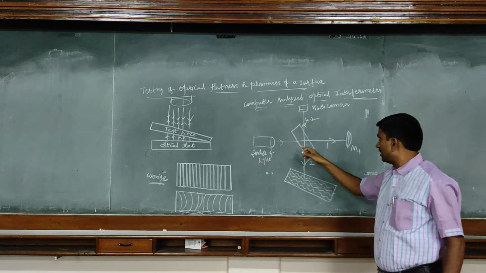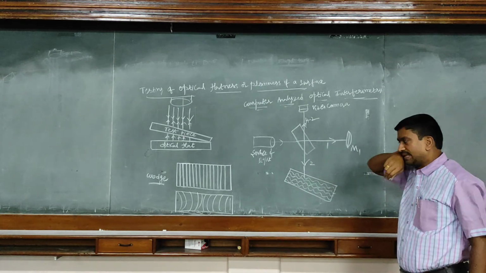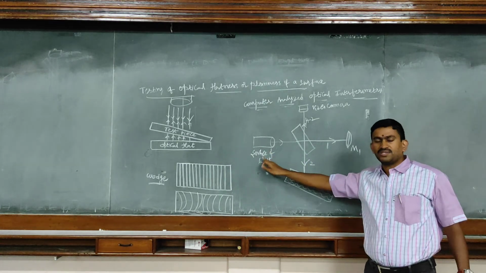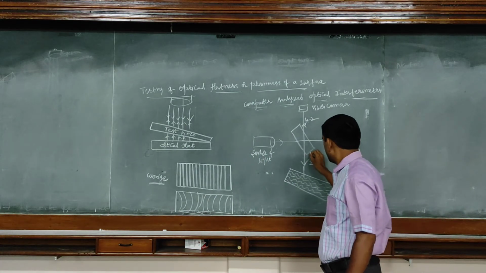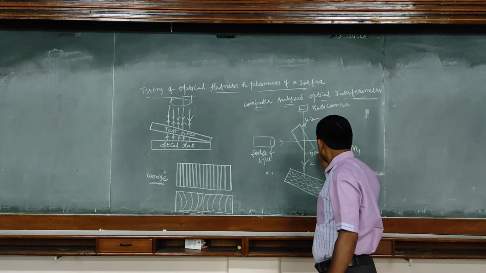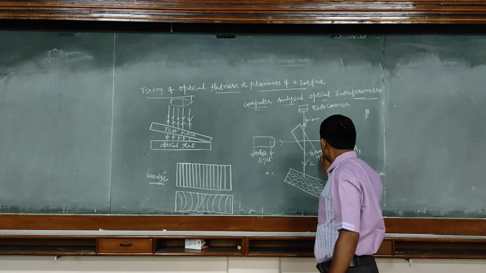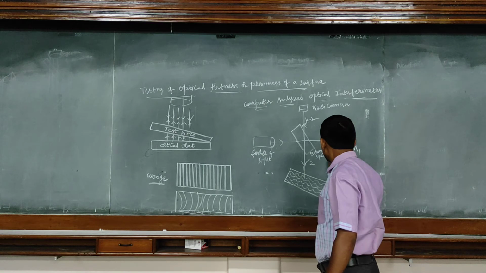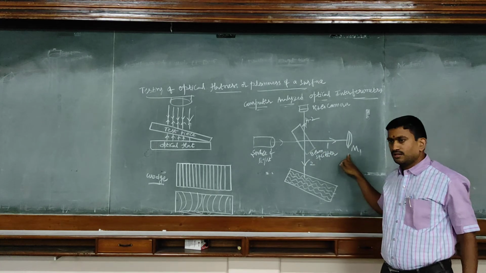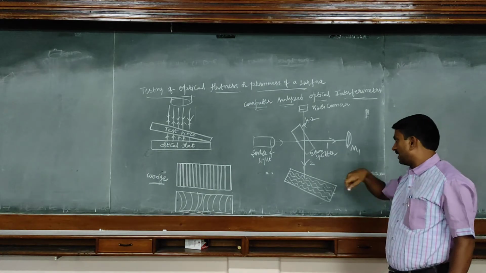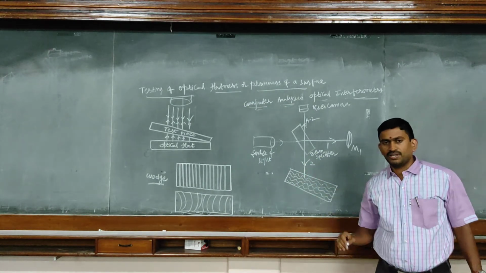So this is what we call computer analyzed optical interferometry. From the light source, light is obtained. This is a beam splitter glass plate. The name itself indicates that the incident beam is split into two rays. Ray 1 travels towards the mirror M1 and reflects back, and ray 2 travels towards the surface to be analyzed.